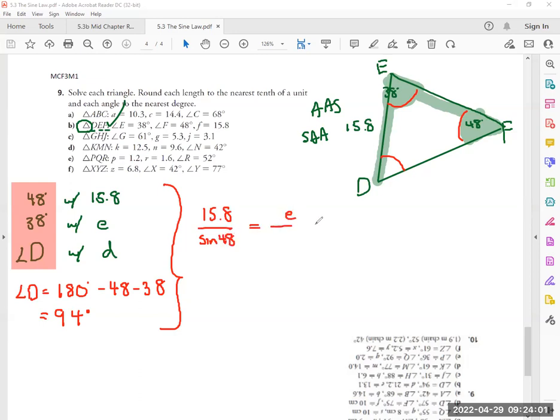Little e as the numerator. And little d as the numerator. Let us begin by focusing on this ratio or this equation first. At this point in time, would you please bring out your calculators and go through with me?